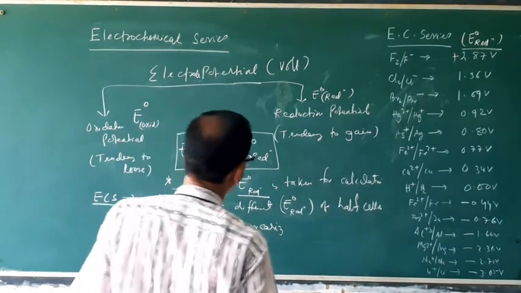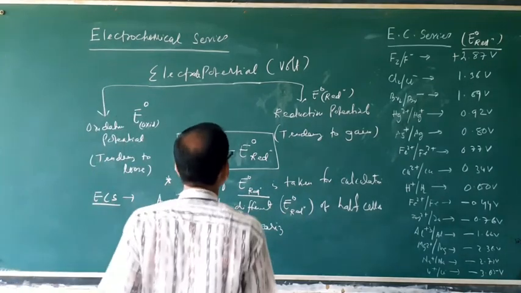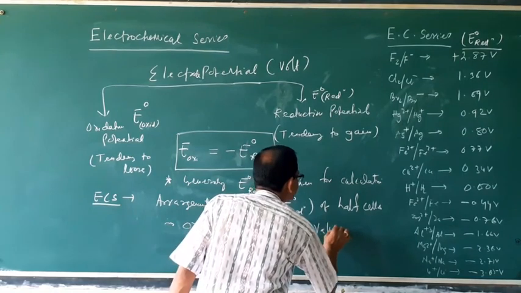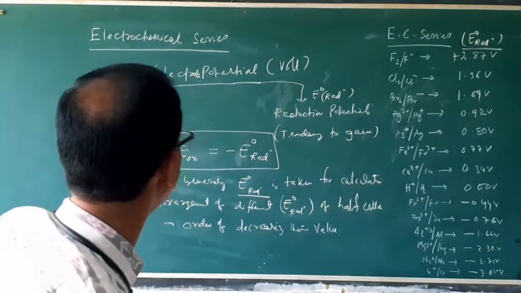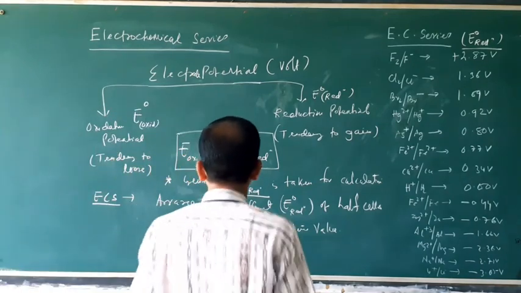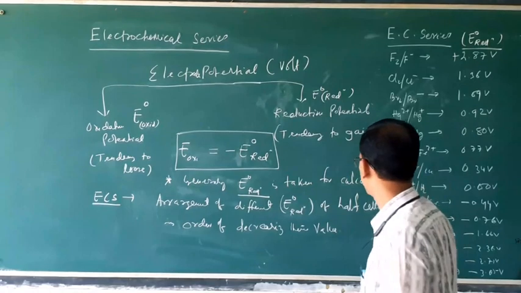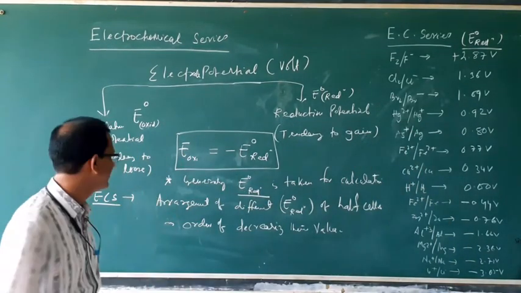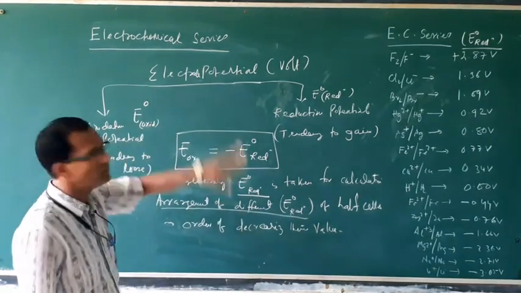In order of decreasing their values. Arrangement of different reduction potentials of half cells in order of decreasing their value. This arrangement is called electrochemical series.